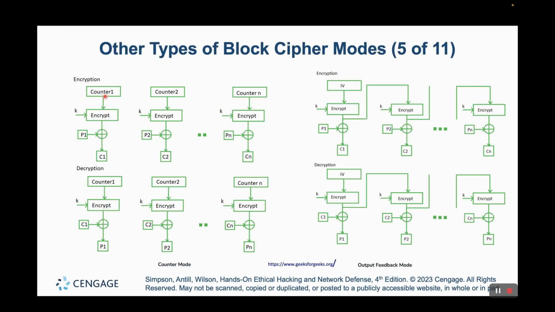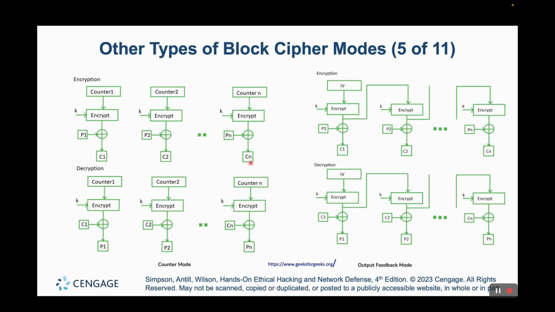You could have block number 1, counter 1, then counter 2, incremented for each block of the plain text. Then the counter is encrypted with the key, and then XORed with the plain text, which results in the output right here.